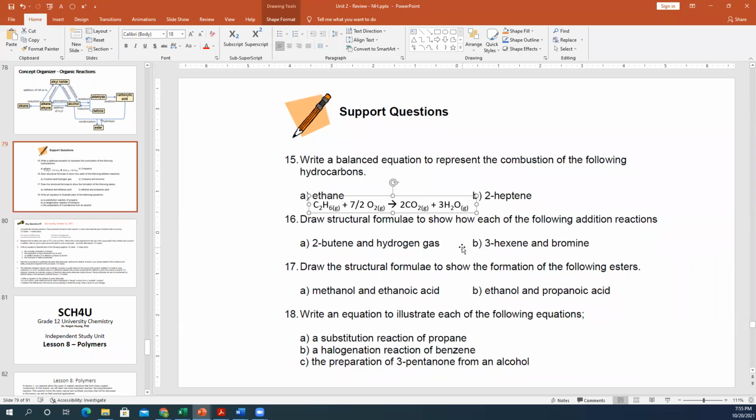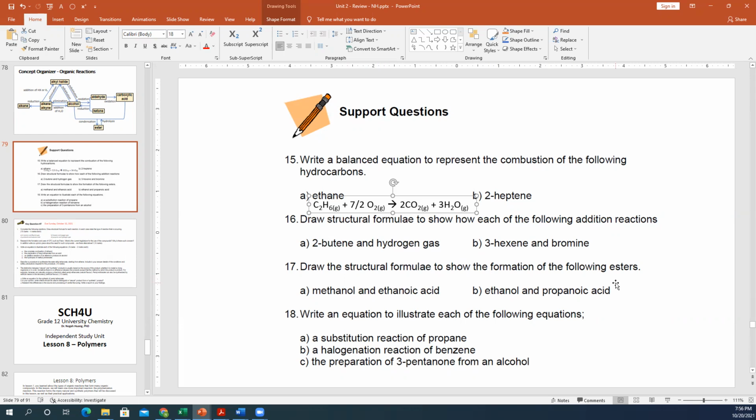What else? Draw the structural formula to show each of these addition reactions. So if you have 2-butene and hydrogen gas, or 3-hexane and bromine, or draw the formula to show the formation of the following esters.